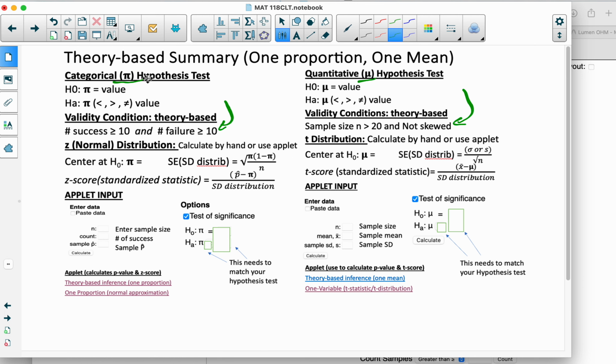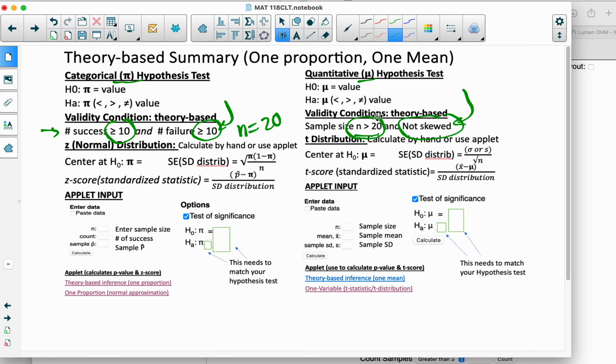In the case of categorical data, if my successes are greater than or equal to 10 and my failures are greater than or equal to 10, this means that n, successes plus failures, has to be at least 20. Same thing here for quantitative data. So this says the data can't be skewed. In my example, the data was skewed, and in fact, it's got to be a bigger sample size if you have skewed data, but we're not going to be dealing much with skewed data.